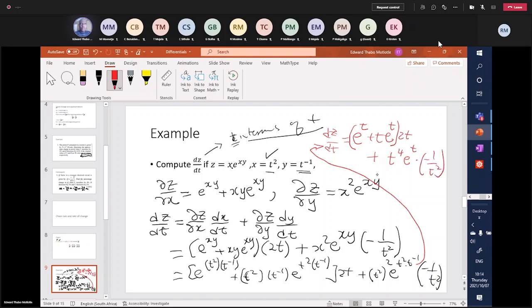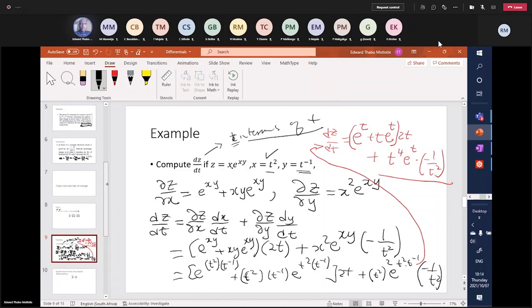So we can still simplify this further. We can multiply by 2t through there, and then t squared cancels t to the power 4 there. We end up with t squared minus t squared. So basically this is the chain rule, similar to what we have done on the single variable.